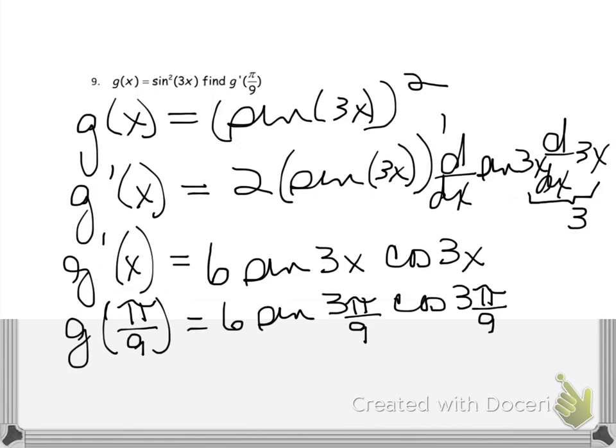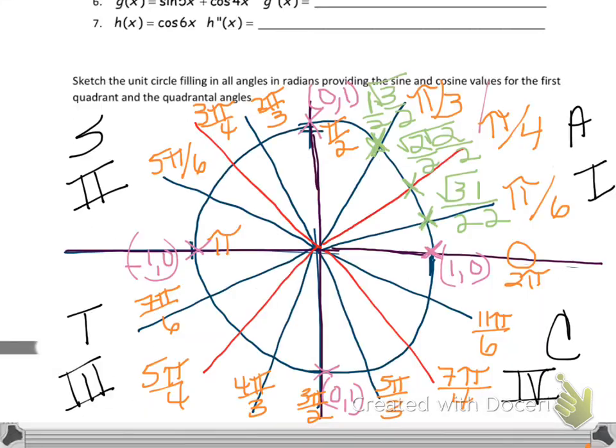So the angle that you end up evaluating is not pi over 9, but it is instead, when you reduce, pi over 3 in both cases. And we can get that from our unit circle. So let's go back, and pi over 3 is your top number here, and these are in coordinate pairs cosine, sine. So the cosine is 1/2 and the sine is root 3 over 2.